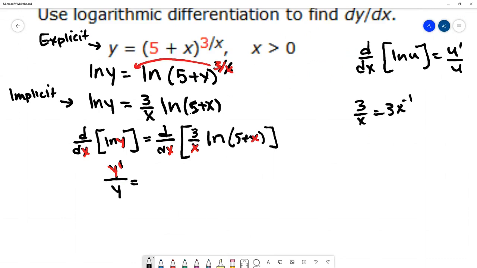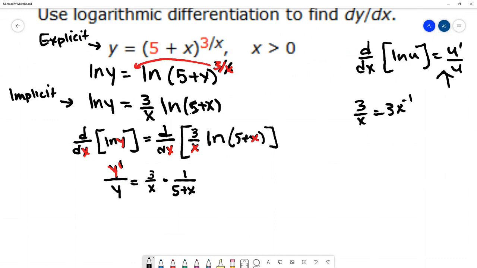So I'm going to use the power rule when I'm calculating that derivative. So using the product rule, I'm going to do the first factor of 3 over x times the derivative of the second factor. The derivative of natural log of 5 plus x will be 1 over 5 plus x, following that natural log derivative pattern.